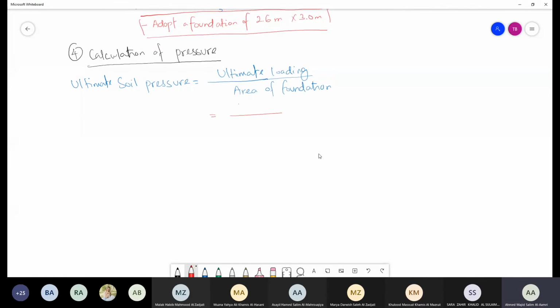So now we have 2080 kilonewton. Area of the foundation, we have got it to be 2.6 multiplied by 3 meter, which will give me eventually a certain value of pressure in kilonewton per meter square. And this value is how much? Okay, so let us say 266.67. So this is going to be my ultimate pressure.